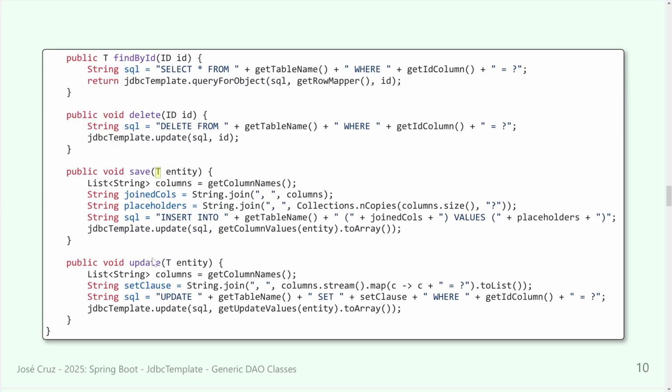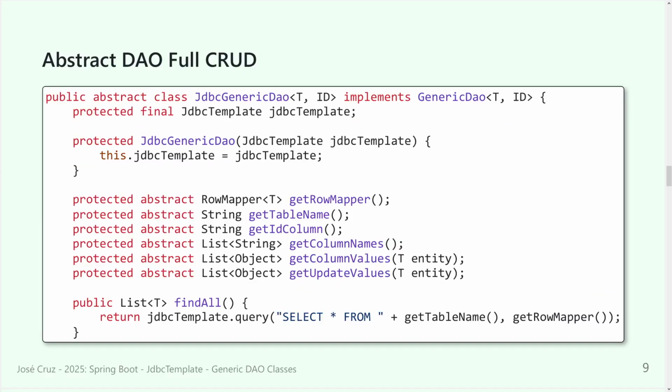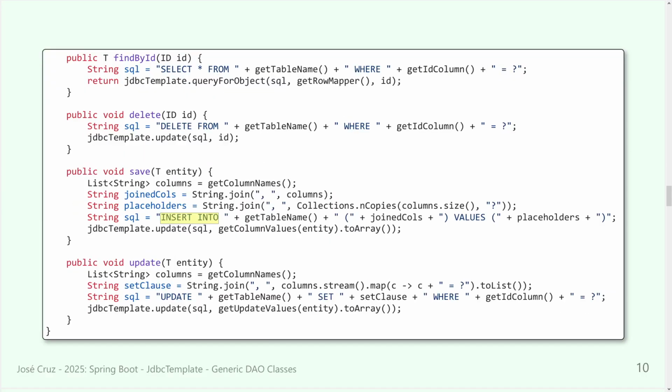And when we save or update, we pass the entity. To perform an insert, if you go to the insert, we need the table name, which is returned by the get table name, which is a method that should be overridden. Then you have these parentheses, then the list of the columns, and the columns are the columns that we get from get column names.